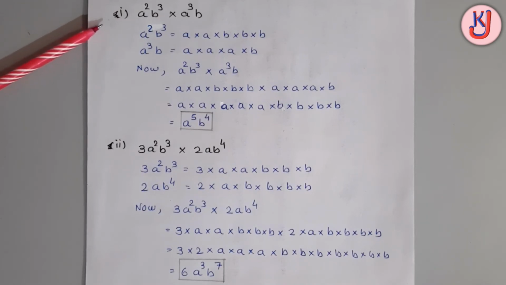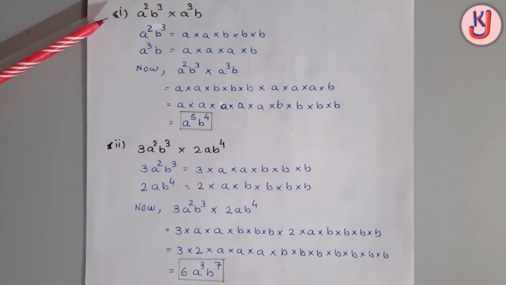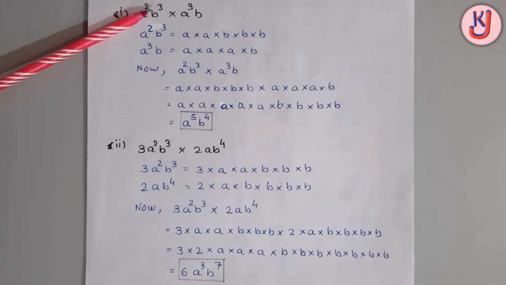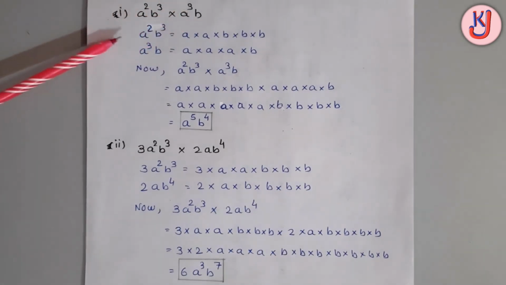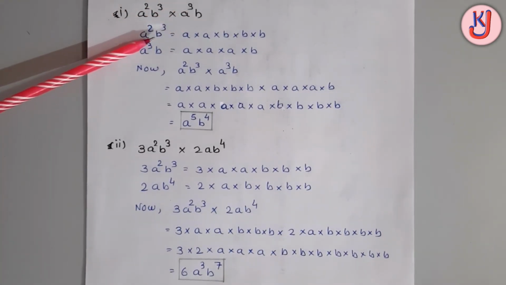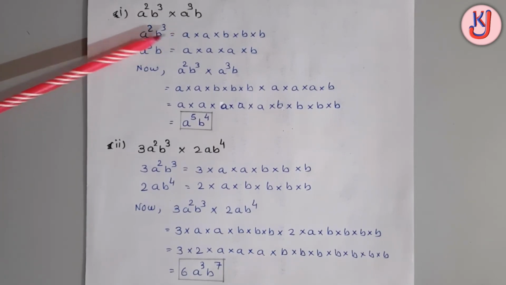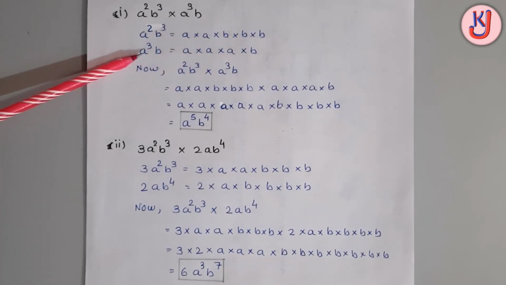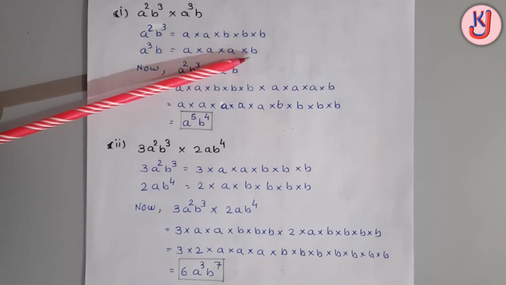Now let's try to write each of the following in exponential form. Example 1: a raised to 2 into b raised to 3 multiplied with a raised to 3 into b. Now a raised to 2 into b raised to 3 means a 2 times in multiplication and b 3 times in multiplication. Same way, a 3 times in multiplication and b 1 time in multiplication.